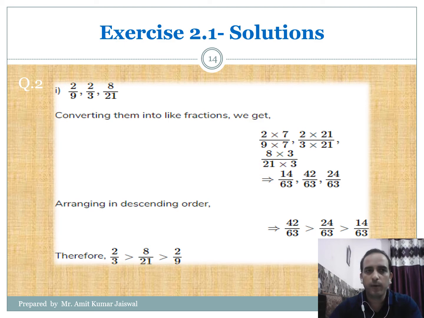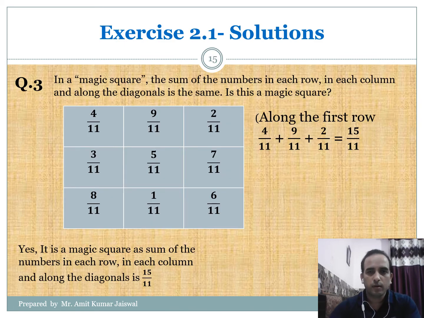Now here we have question number 3, and question number 3 is saying that in a magic square, the sum of numbers in each row, each column and along the diagonals is the same. Is this a magic square or not?